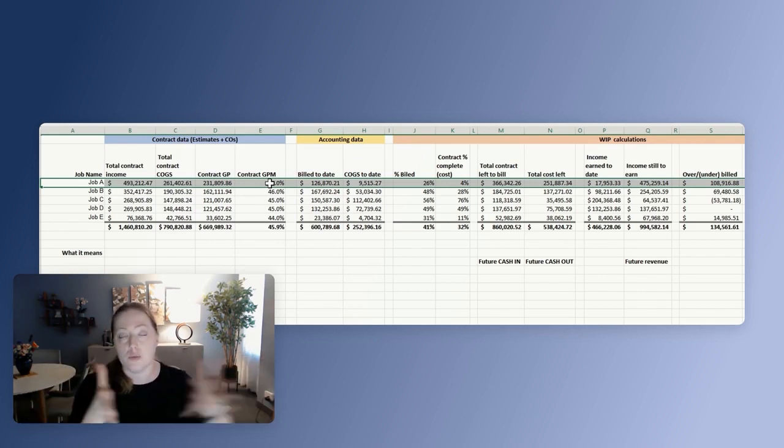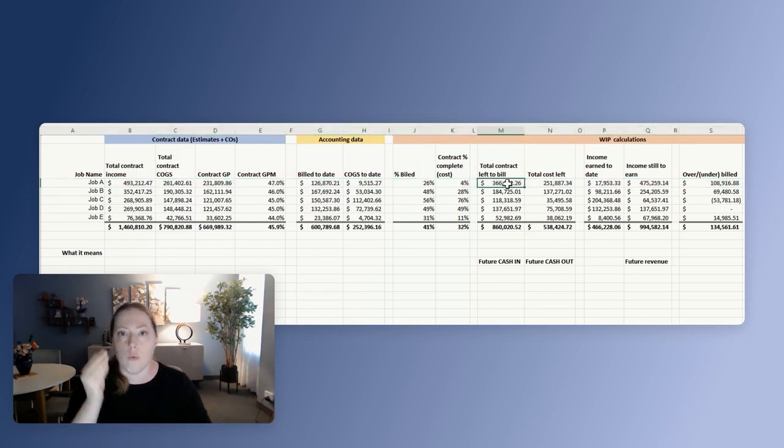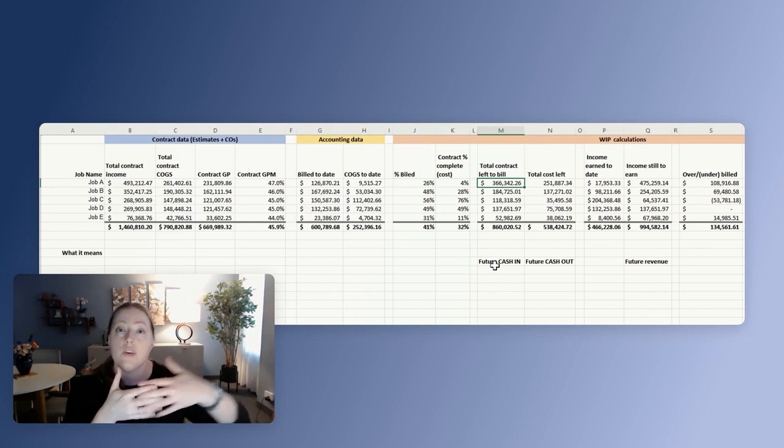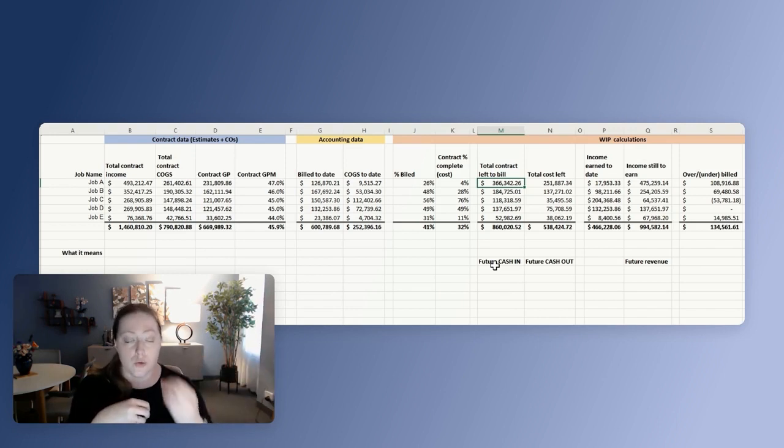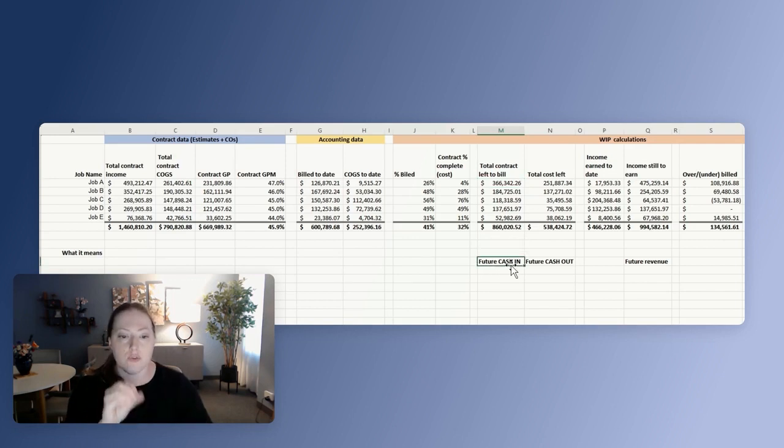So you can have a payment schedule built in, and that tells you exactly when you're supposed to get those payments. That makes a significant difference in how you are able to project your cash flow, especially if you have long contracts, in the next year. That is super useful, and it's good for the future cash in.